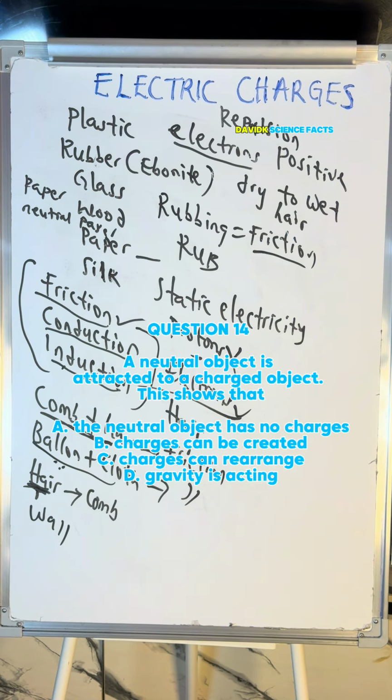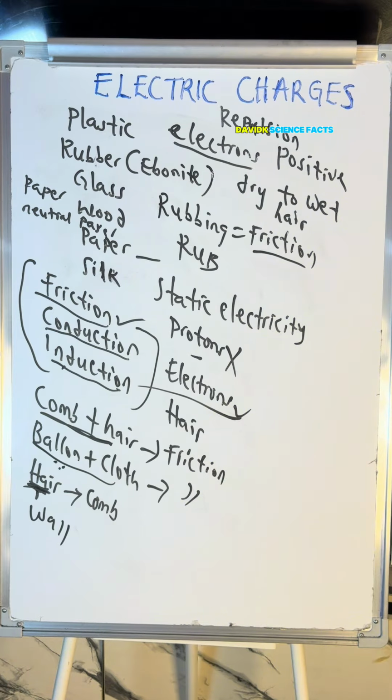Question 14. A neutral object is attracted to a charged one. What does that prove? I want you to think carefully. The answer is C. Charges rearrange. Question 15.